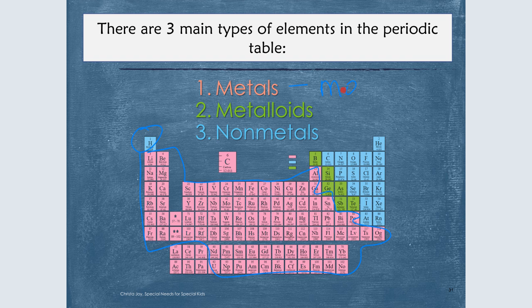Most of the elements are metals. The metalloids are the stair step in green, right? And the nonmetals are in blue. So on the right side are the nonmetals. On the left side are the metals. And kind of in between are the metalloids.